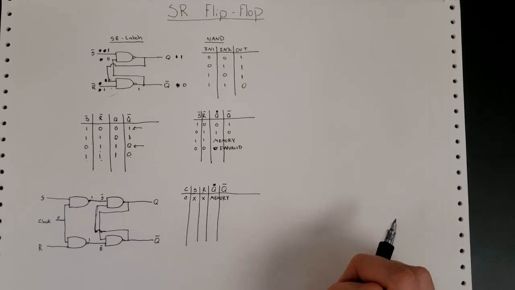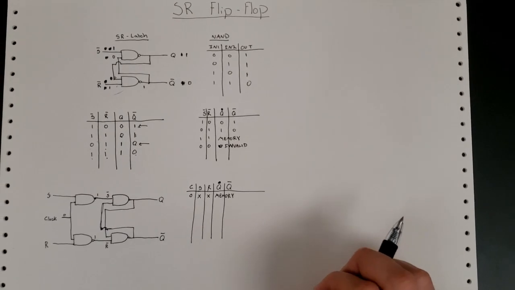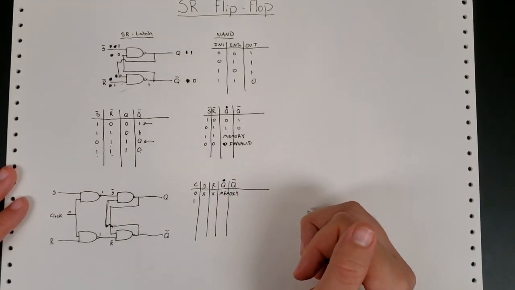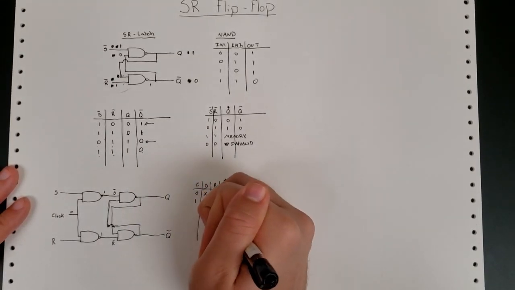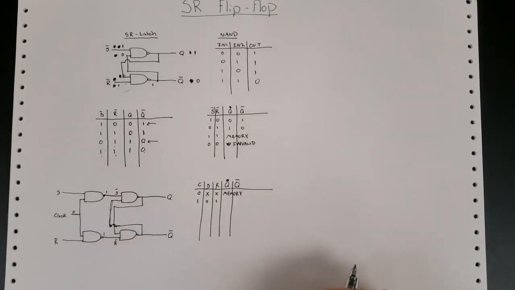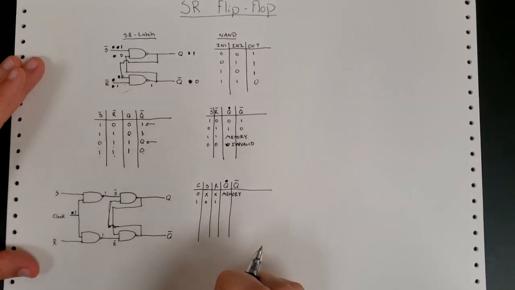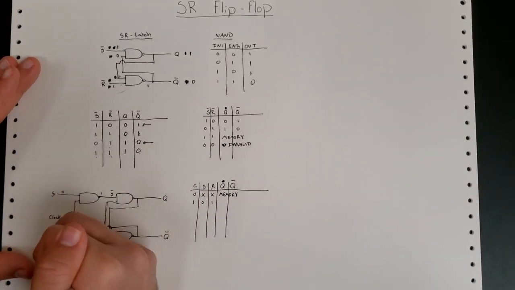Now if we do the case where the clock is now set to 1, and we have a 0, 1 input for S and R, so instead of clock being at 0, we now set that to 1, and then we set this to 0 and this to 1.